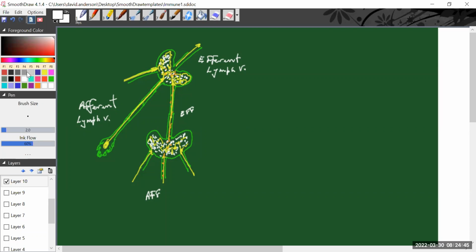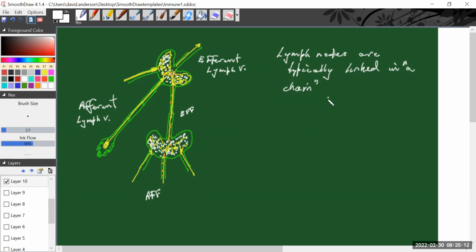So these lymph nodes are typically linked in a chain. We call it a chain because they're going to be linked together.